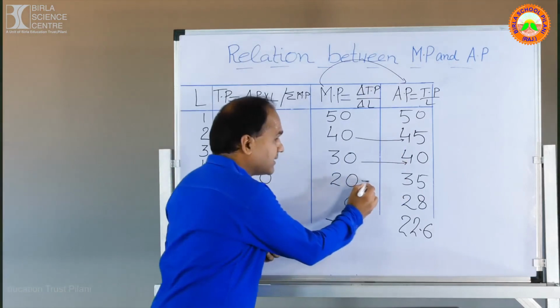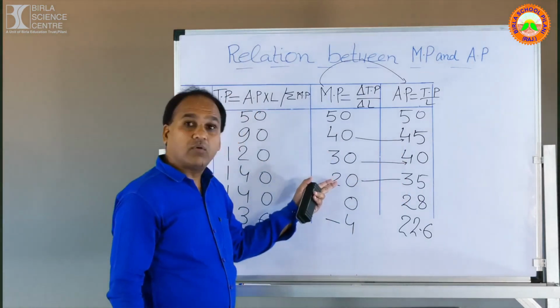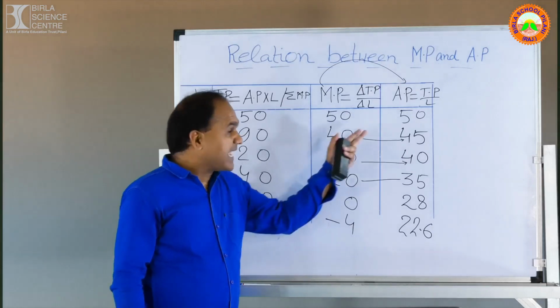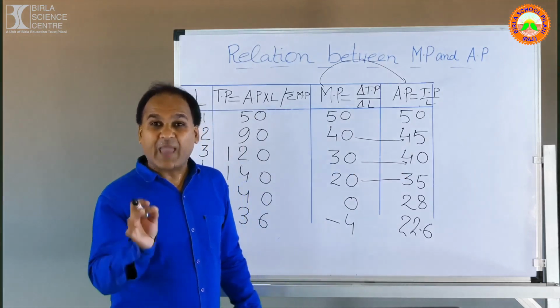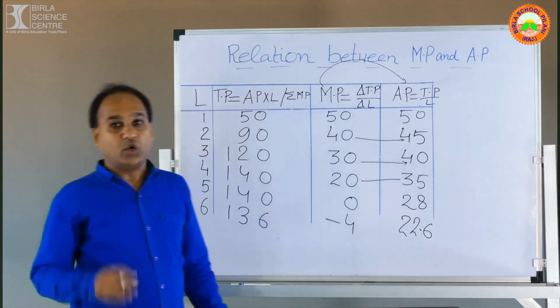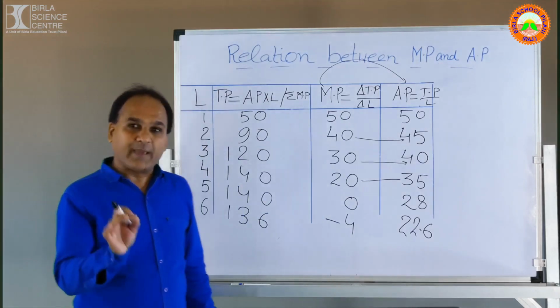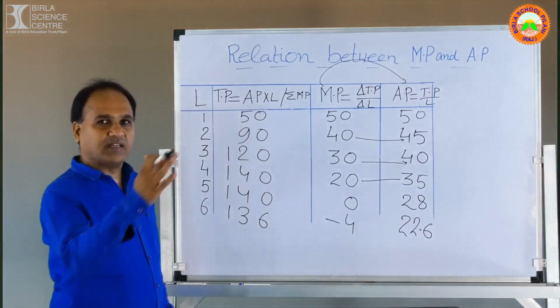When this is 20, this is 35. It means what? When MP falls, AP also falls. But AP is greater than MP. Lock in your mind. But AP is greater than MP. Okay? That's the relation number 2.